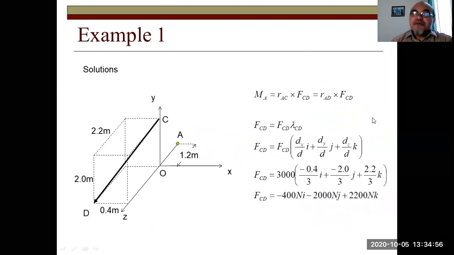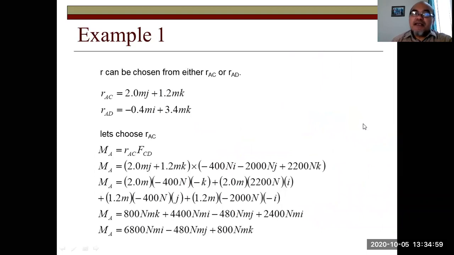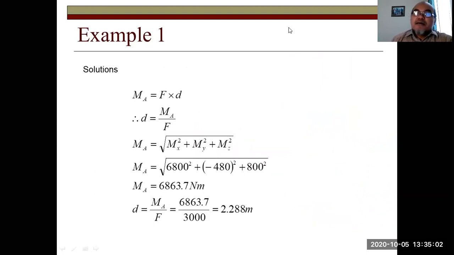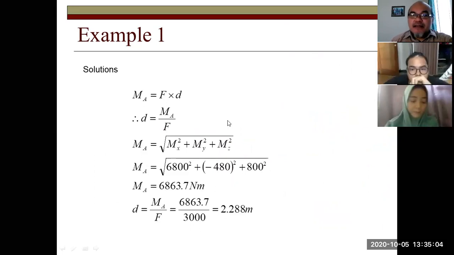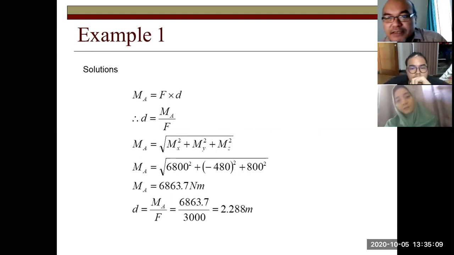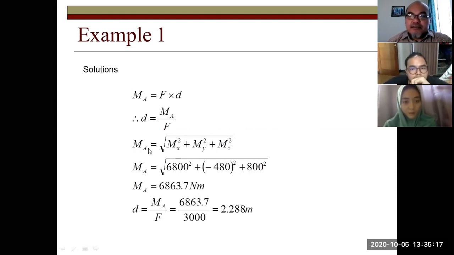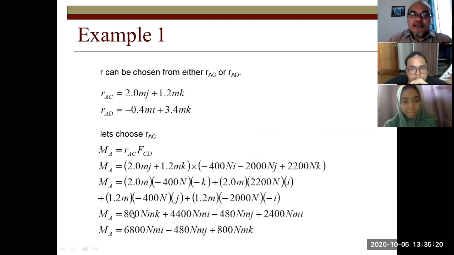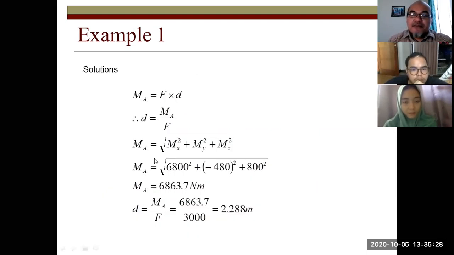So here we use the definition of moment in 2 dimensions. Moment equals F times D. It means the shortest distance between point A and the line of action of that force is the moment about point A divided by F. The moment is a vector, right? From the previous calculation, the moment is a vector because it has I, J, and K components. So you calculate the magnitude by the square root of Mx squared plus My squared plus Mz squared.